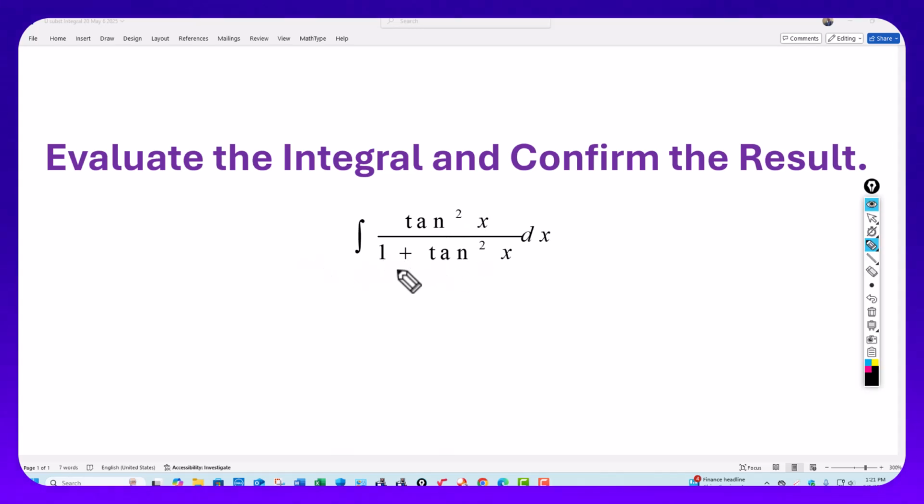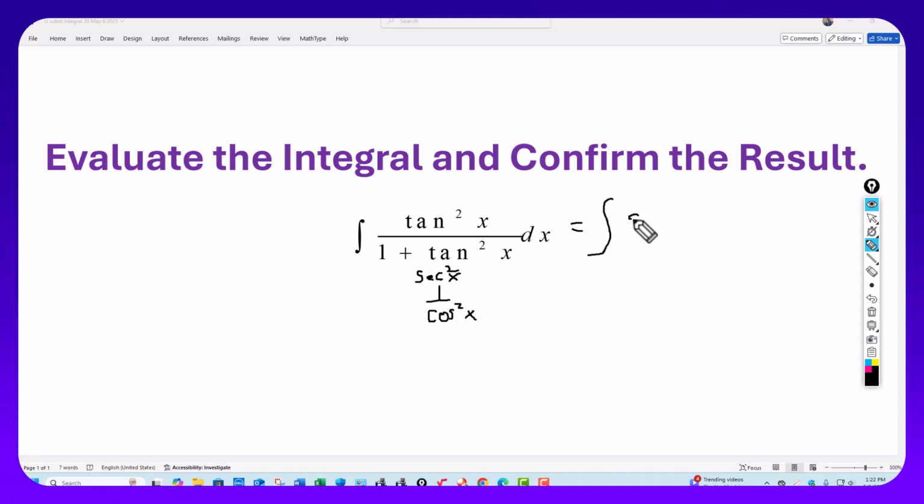We have an identity for 1 plus tangent squared of x. 1 plus tangent squared of x is the same thing as secant squared of x. And of course, secant squared of x is the same thing as 1 over cosine squared of x. So if we multiply the numerator and denominator by cosine squared, remember the tangent squared is sine squared over cosine squared.